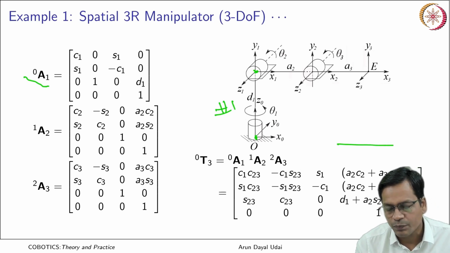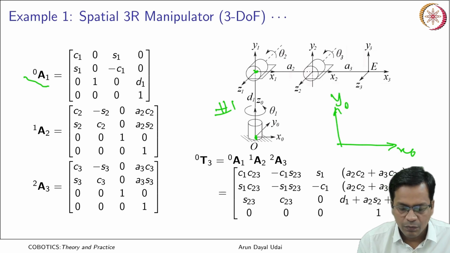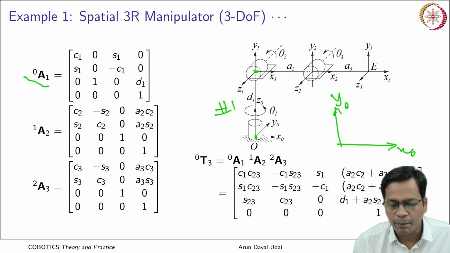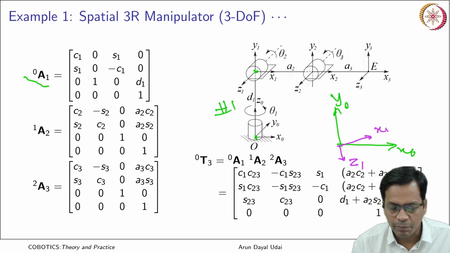It tells you x0 here, y0 here. Okay. What about the first frame? It tells you, if you look from the top, your z1 is here and x1 is here, that is rotated by an angle theta 1.